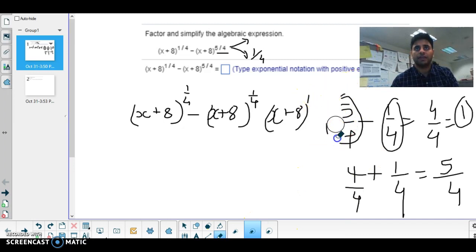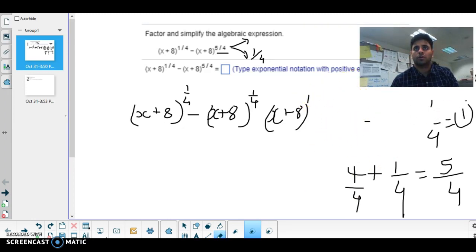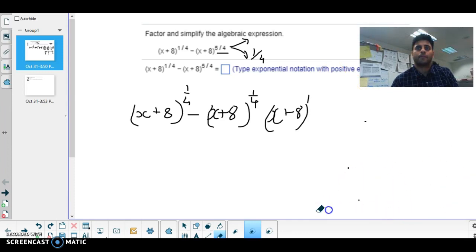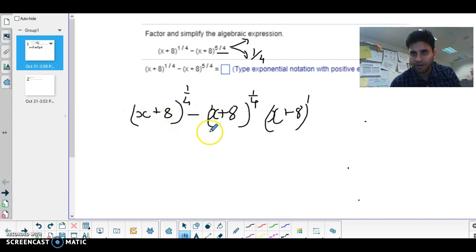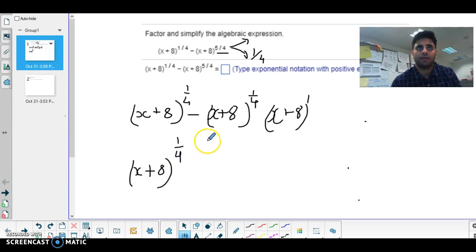Okay, so if I delete this part out just to create some space, I can see that I have got (x plus 8) to the power 1 by 4 here and (x plus 8) to the power 1 by 4 here, and there's a subtraction sign here. So I can take a common factor out. In this case, (x plus 8) to the power 1 by 4 is my common factor.